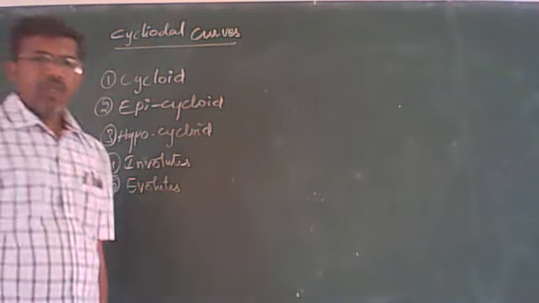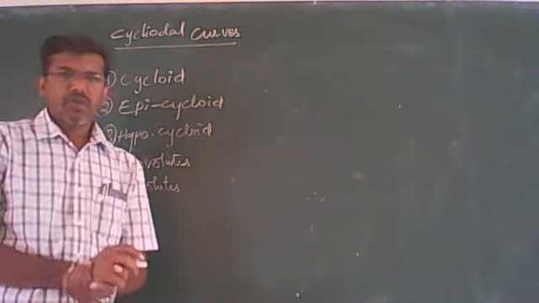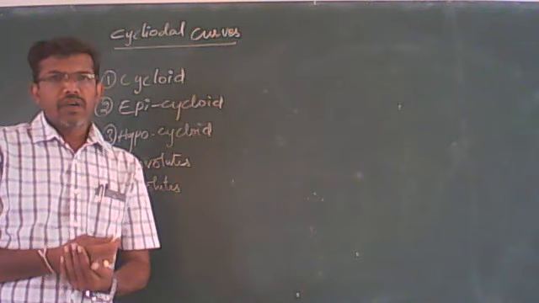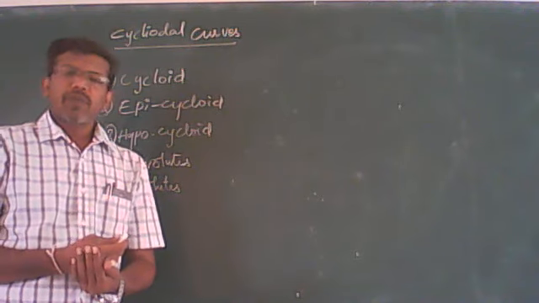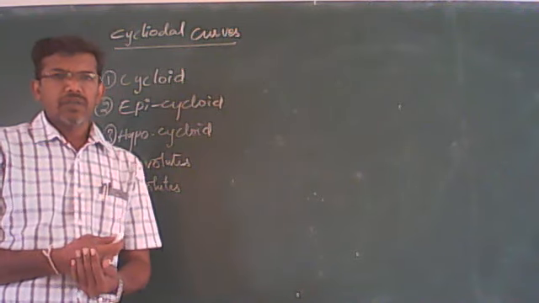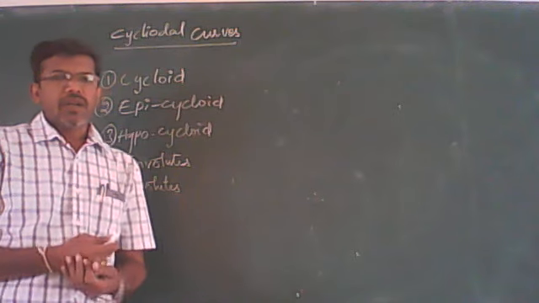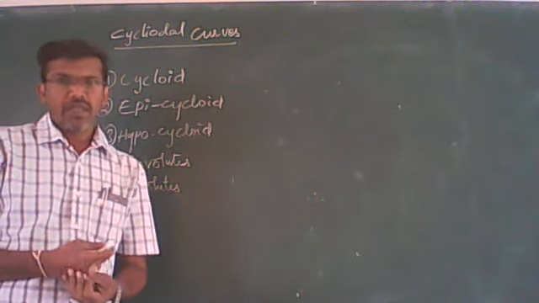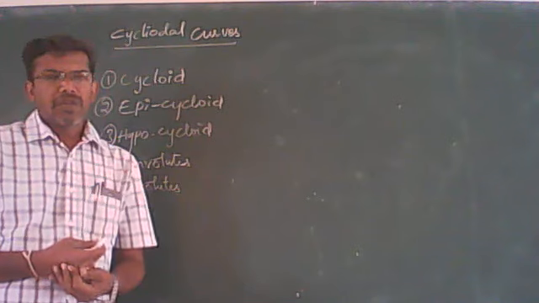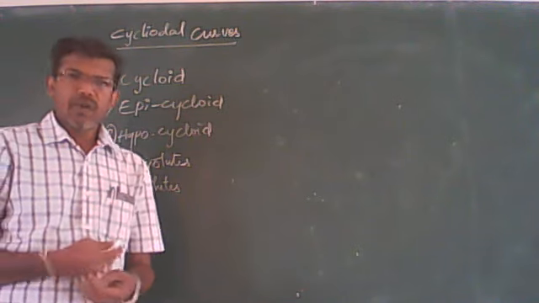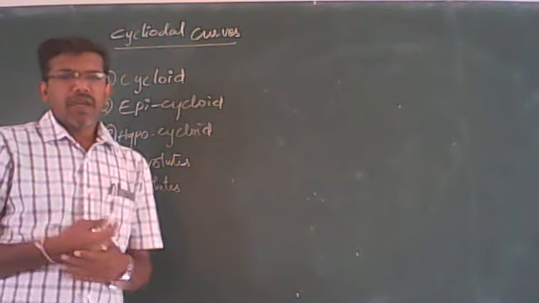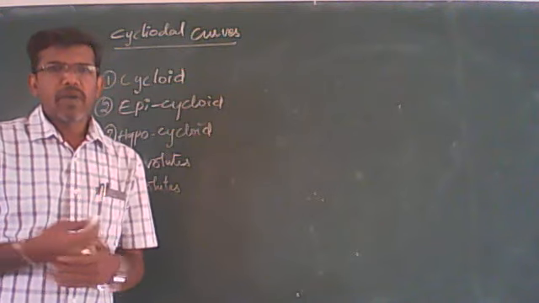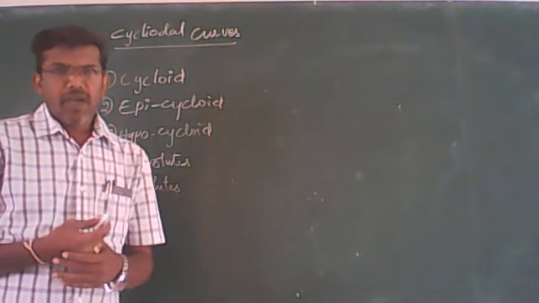So these are the major cycloidal curves which are there in engineering graphics and for the design purpose of the engineering curves. Especially these are used in the manufacturing of gears, in the application of automobiles, even in watches and many other systems which drive the gear mechanism.